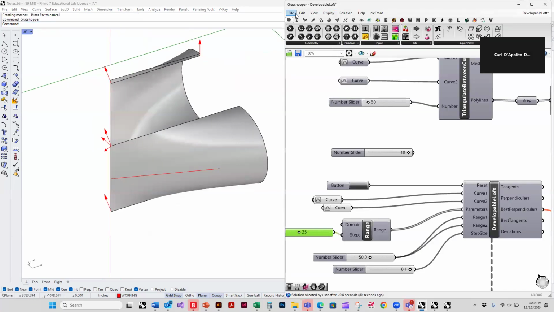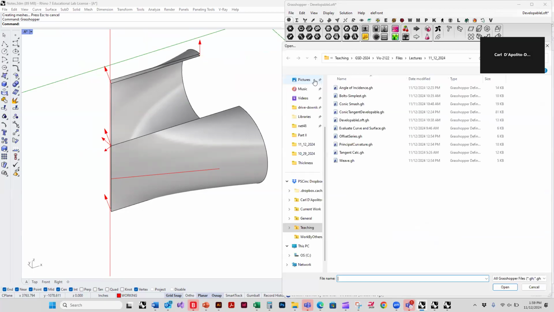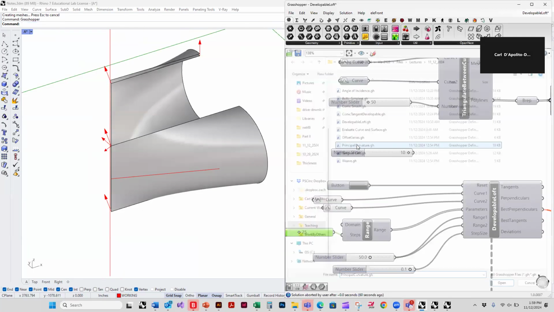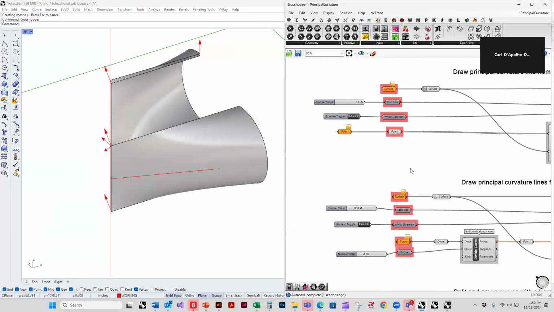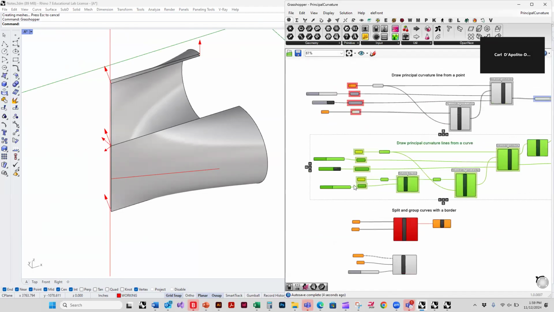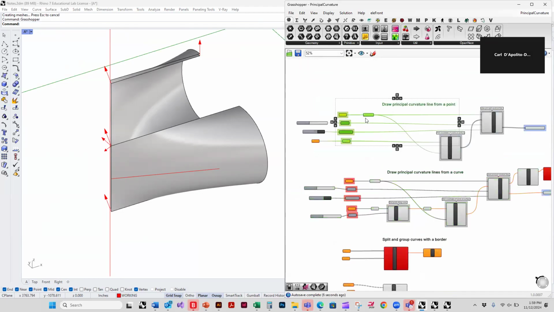Opened up my Grasshopper. I've also collected many of the scripts for you now, including the ones that I showed today. Use my principal curvature. There's two in here. This one takes curve. This one takes points.